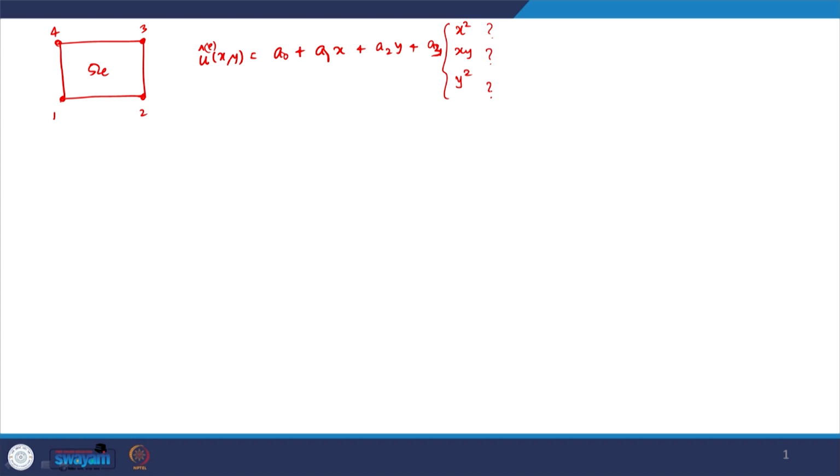And the guidance is, let us say I prefer to use x square. So, I define x y as a 0 plus a 1 x plus a 2 y plus a 3 x square.